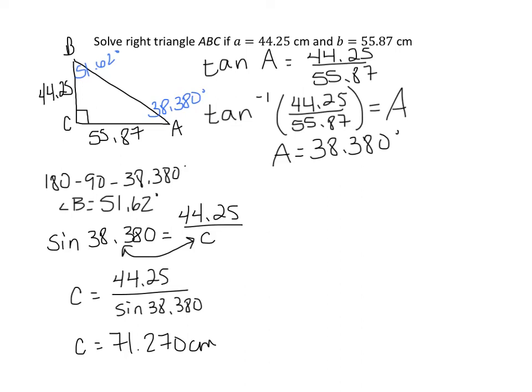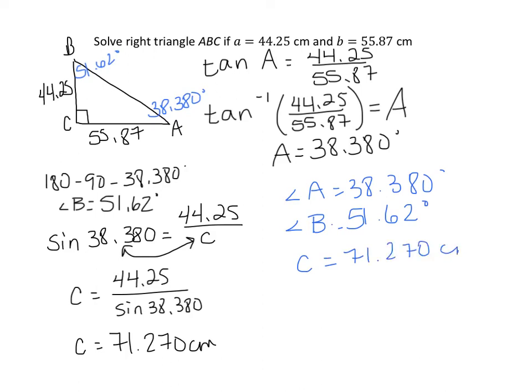So again, if I were to write it all out, angle A is 38.380 degrees. Angle B is 51.62 degrees. Side C is 71.270 centimeters.